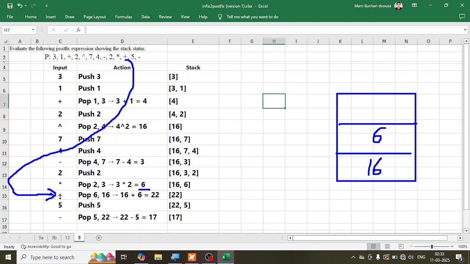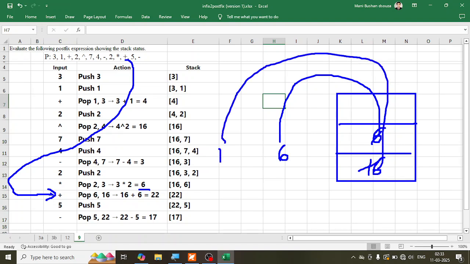So when you have this plus here, now you have to pop. First pop the 6 from the stack, 6 will come out. Then pop the 16 from the stack, so 16 will come here. Remember, this is the first operand, this will be the second operand, and add a plus in front of it.